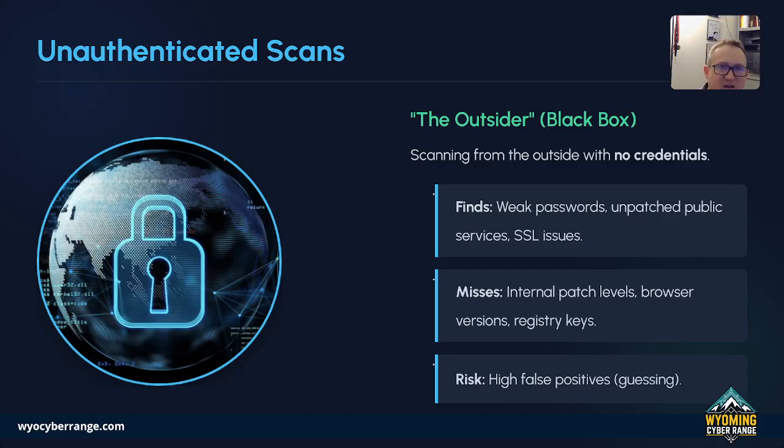However, because the scanner cannot log in, it can miss a lot. Like internal patch levels or even registry keys. It can only do what it can see from the outside. So the risk here is going to be high false positives. The scanner is essentially guessing what is running based on the banners, and a lot of times it can be wrong.